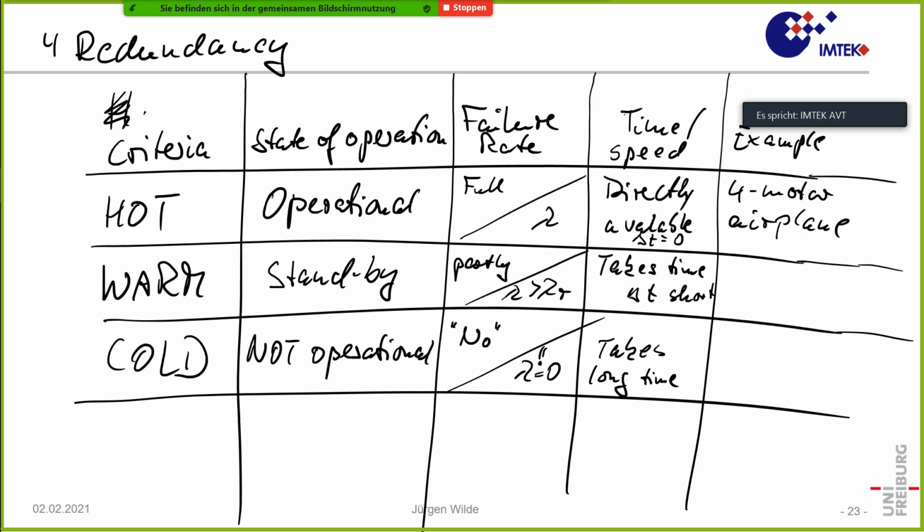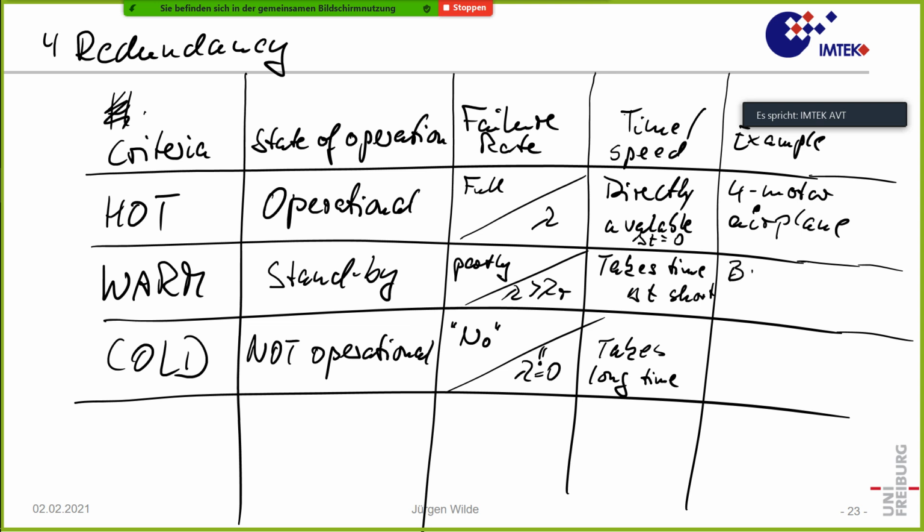Okay, what would be warm redundancy? Just an example. Yeah, that can be, for instance, a backup computer system or something like that.